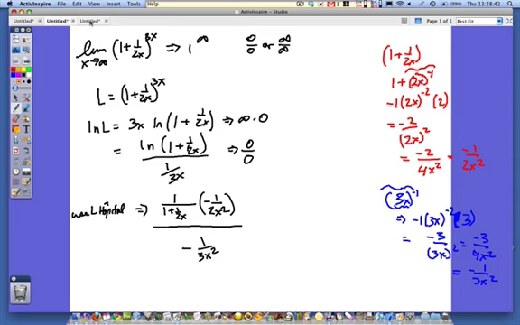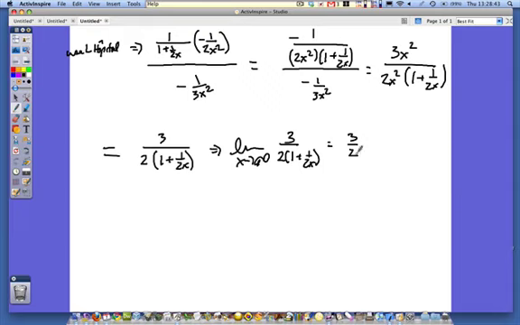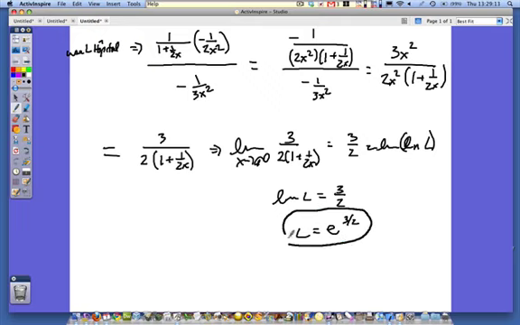So what we really found is not L, we found the log of L, the limit of the log of L. What we need to do now is go ahead and bring that back up so we can find L. If the log of L limits to 3/2, then L should be e to the 3/2. And there's your limit, e to the 3/2.